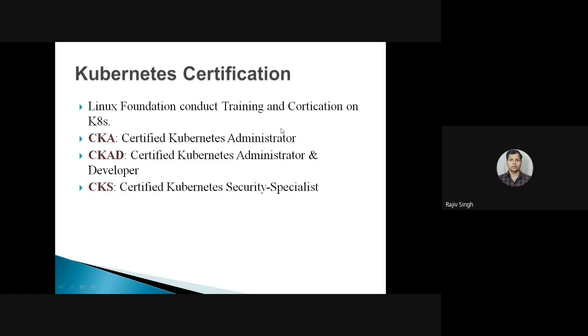These are the three certifications under Kubernetes. For a beginner, you have to go for the CKA only. After that, you can go for the CKAD or the CKS as well. So first you have to do the CKA before doing CKAD and CKS.